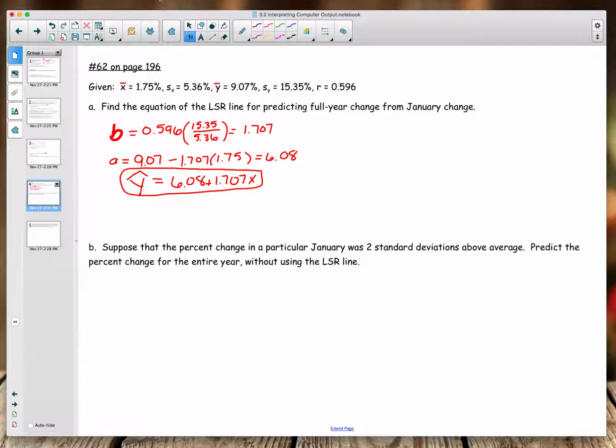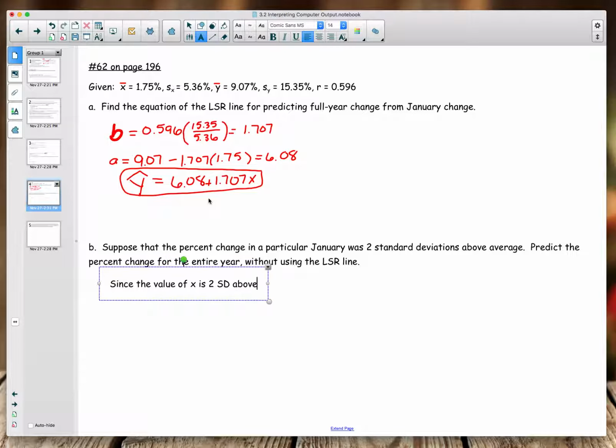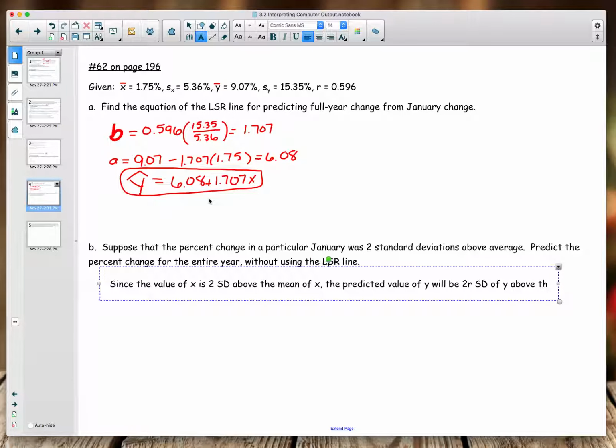Okay, so what we would say here, just using that last thing on that previous page, is since the value of x is 2 standard deviations above the mean of x, or you can just put x bar, the predicted value of y will be 2 times r standard deviations of y above the mean of y, or you can just use y bar again right there.